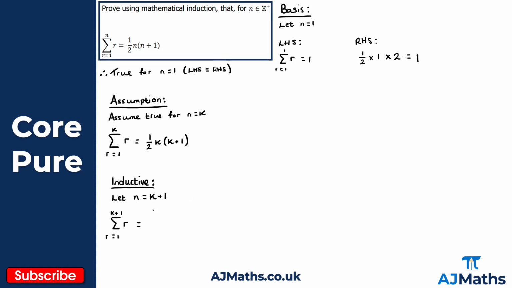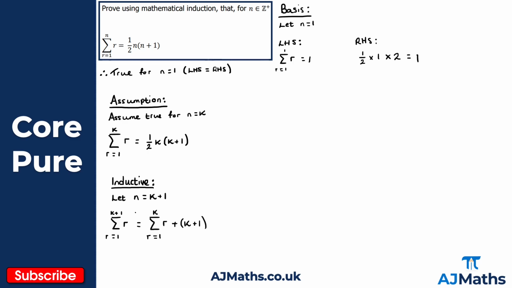Like we said, we've got the summation of r from r equals 1 to k. So that's this assumption here. And then my final term would just be replacing r with k plus 1. So I simply get plus k plus 1. Okay.